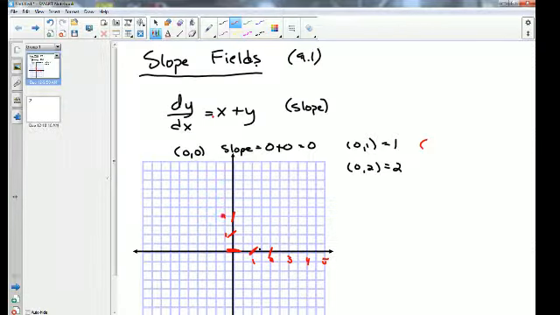But we could also do 2, 0, or 1, 0, right? Same deal. Fortunately, in our case, they're the same. So I was goofing that up. What about 1, 1? Slope is 2. Are you noticing a pattern here?